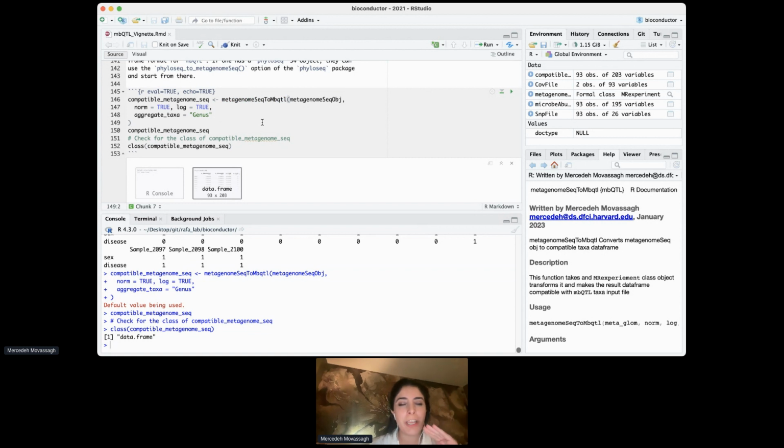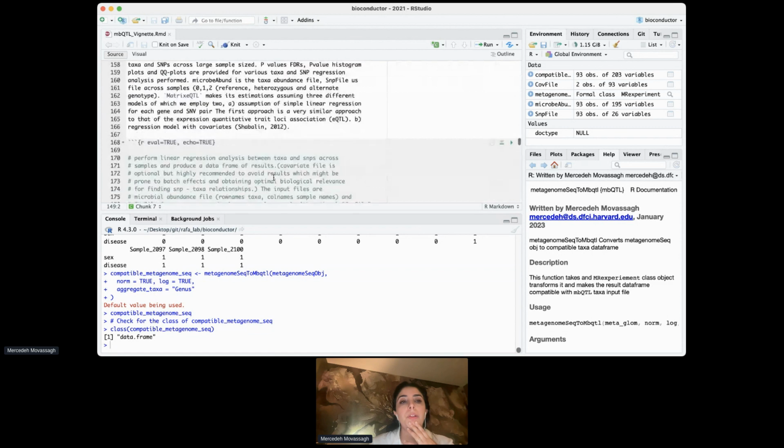It basically normalizes your data using log normal distribution. However, if you want to use phyloseq to do your own sort of analysis, phyloseq actually has a function that's compatible with metagenome-seq, called phyloseq to metagenome-seq. You could just change it to that, and from there get it and change it to this. And if you're using a data frame, you don't need to change anything.